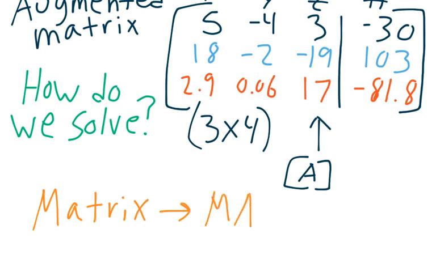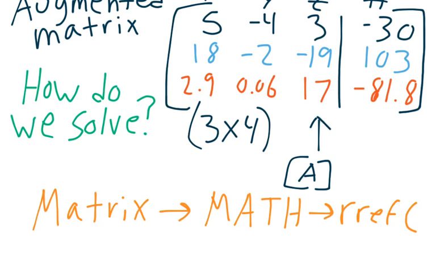And then scroll down, look for the function that says RREF and then parenthesis. RREF stands for reduced row echelon form. That's a fancy math word for we do the elimination for you, so you don't got to do it yourself.